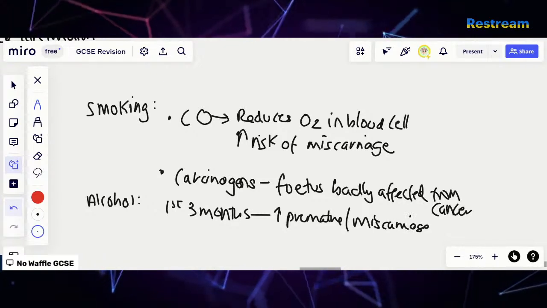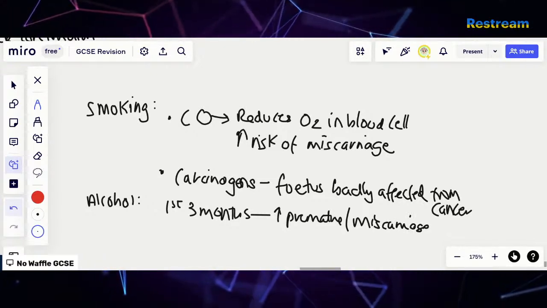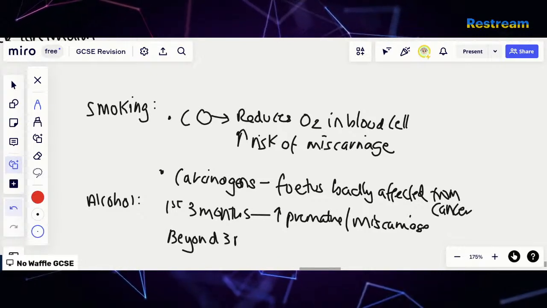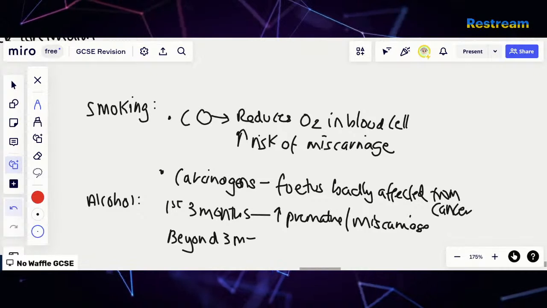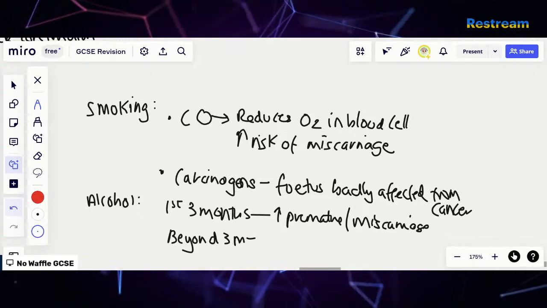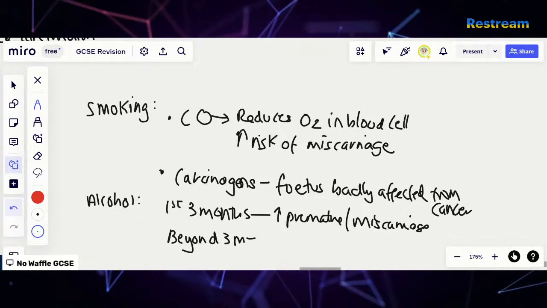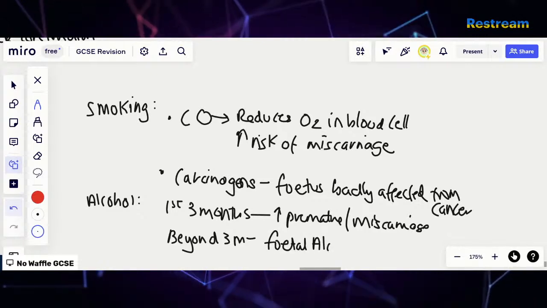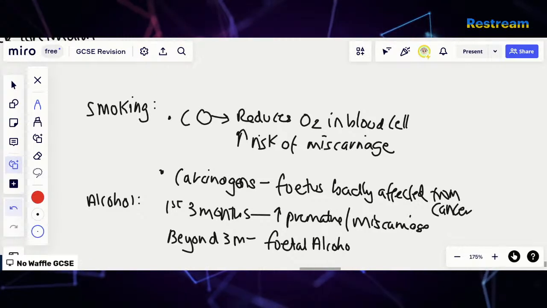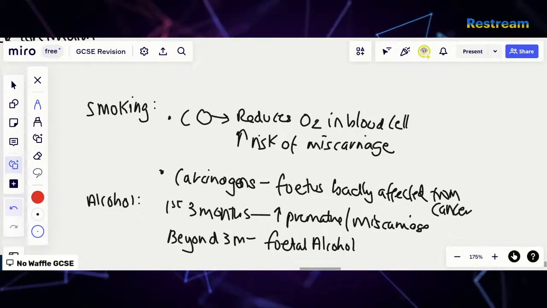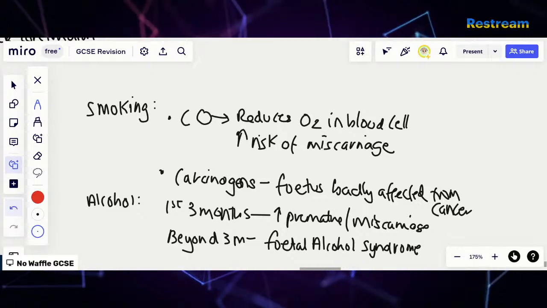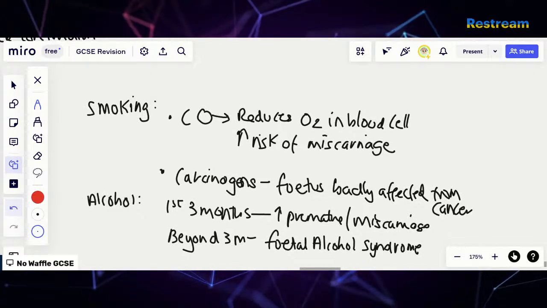And alcohol beyond 3 months can lead to fetal alcohol syndrome, FAS. Okay, so those are the things you need to say for this question.